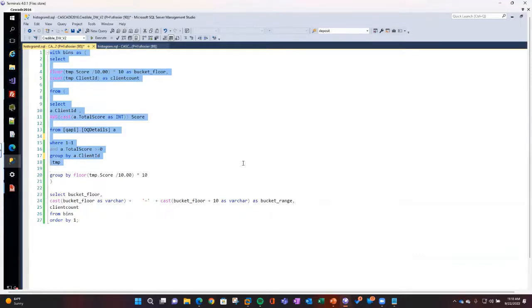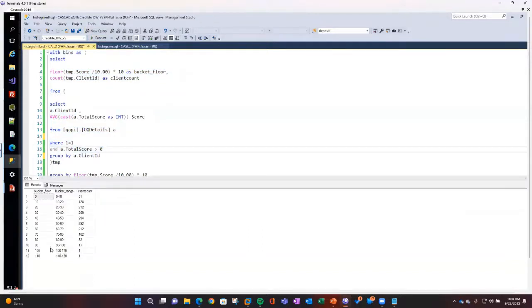We're looking at an assessment called the OQ measures assessment, and we're going to look at the average score per client and drop that into a bucket. So we're going to look at the number of clients, and we're going to count up the average score and see how that distribution falls. So we'll execute this one just to give you an idea.